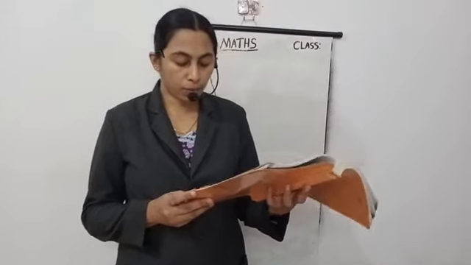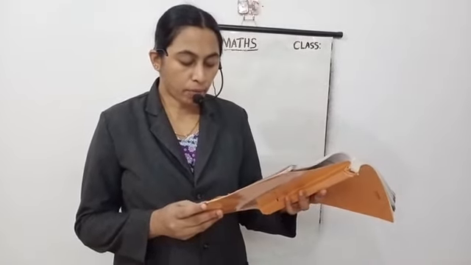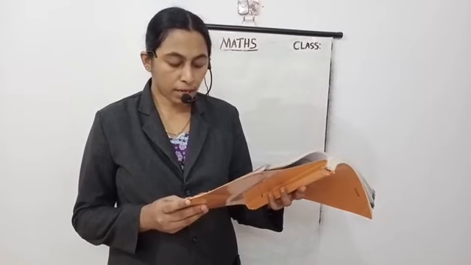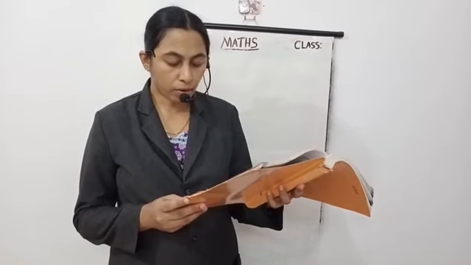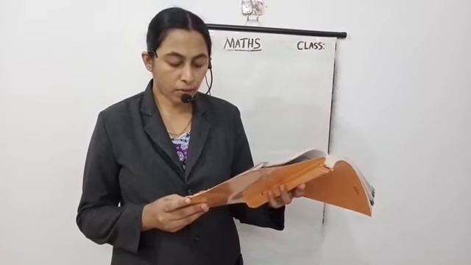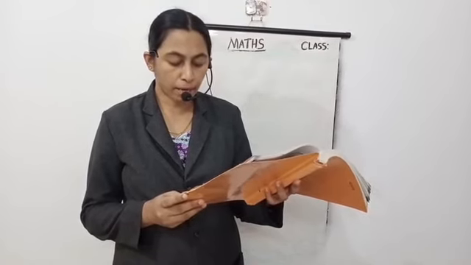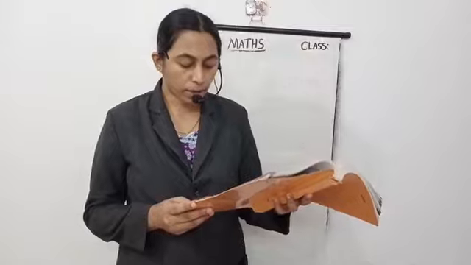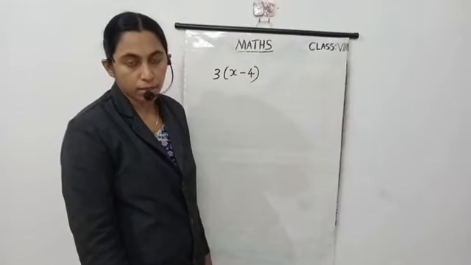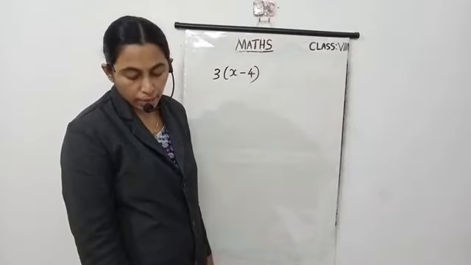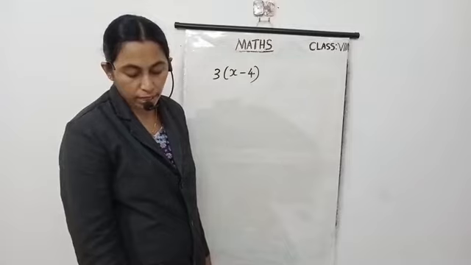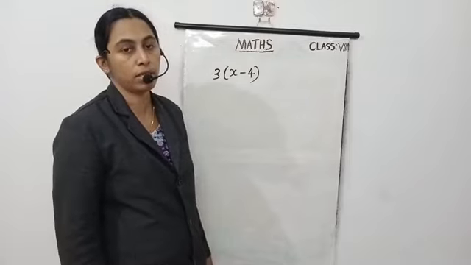Now the third point. Remember, when you multiply the expression enclosed in a bracket by a constant or a variable outside, each term of the expression has to be multiplied by the constant or the variable.